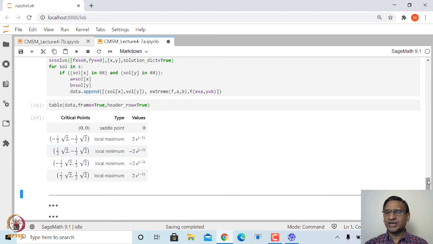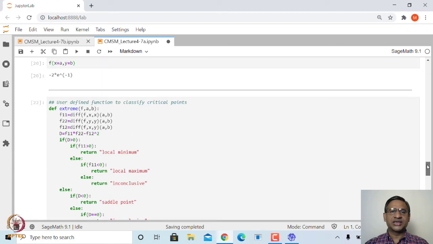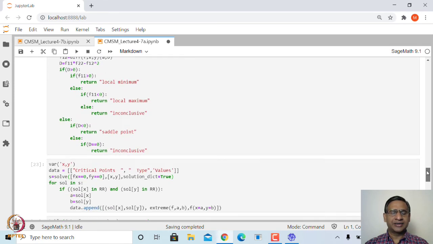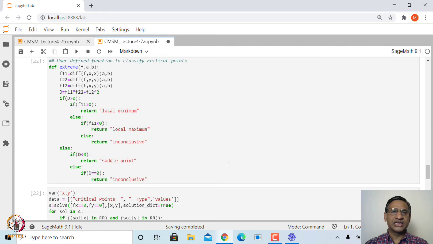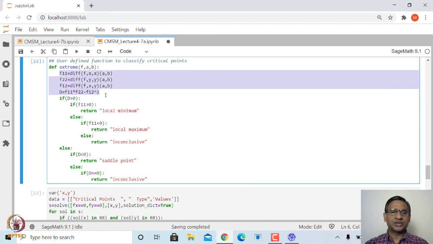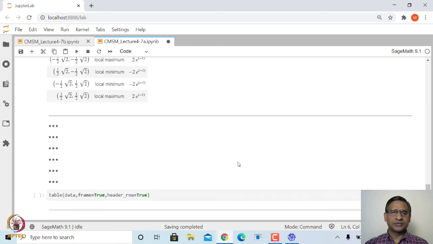This is how we can classify critical points of a function of 2 variables, and you can extend this to functions of 3 variables, except that you now need to check the positive definiteness of the Hessian.